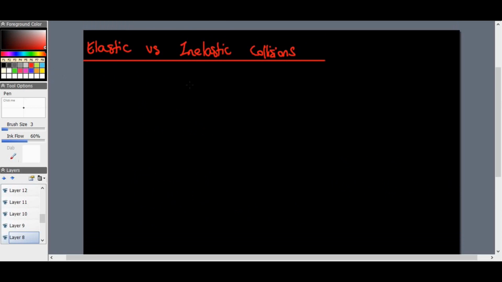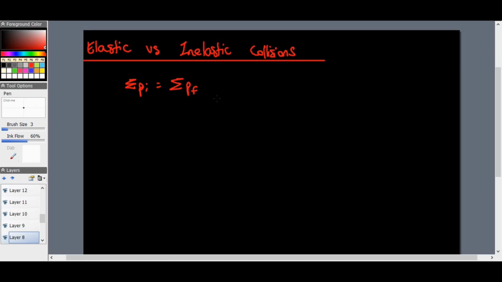Before we get there, we must understand this little law: total linear momentum in an isolated system is constant, or is always conserved.